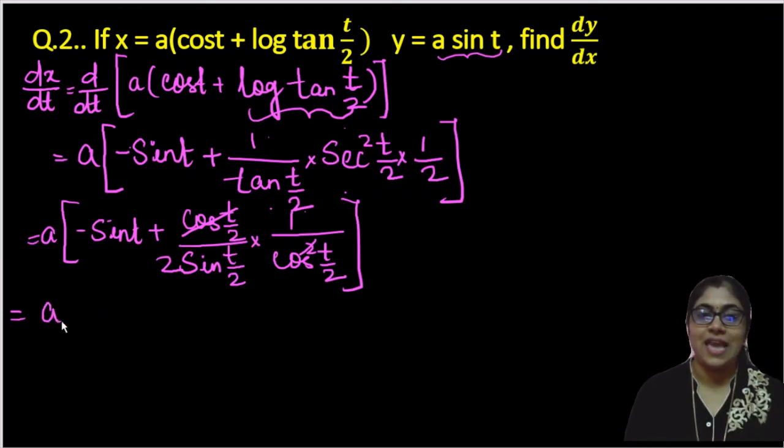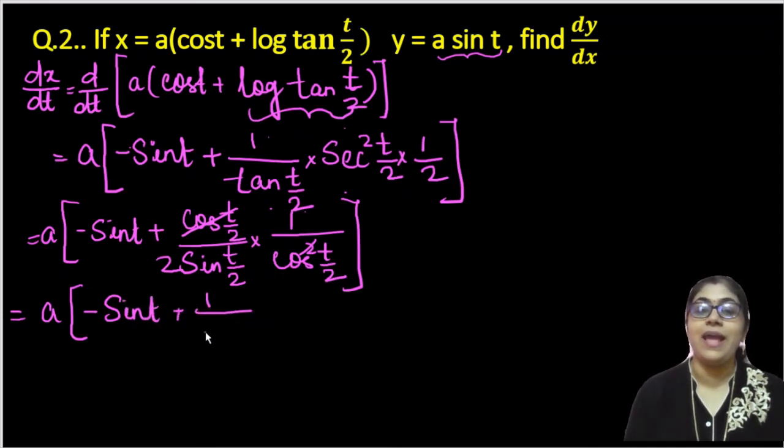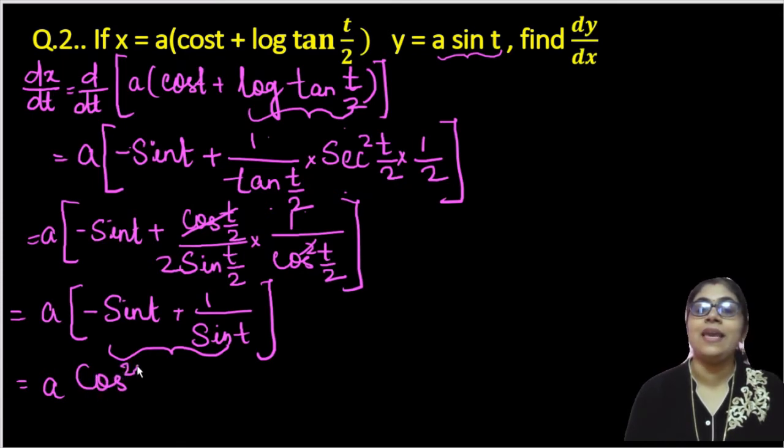So this is a into minus sin t plus 1 by sin t. Or you can add this. So you will get 1 minus sin square t by sin t, or a cos square t by sin t.